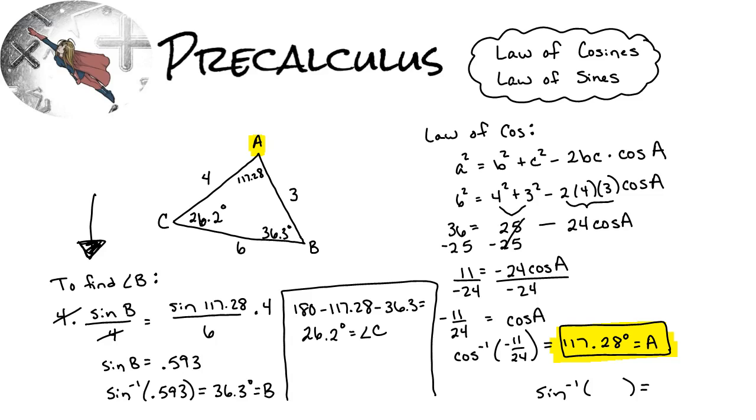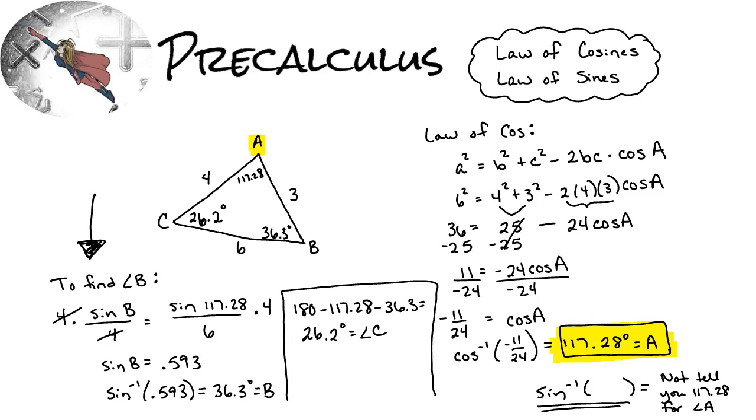So it would not tell you 117.28 for angle A, even though we know that's what angle A is. And that's because sine inverse in the calculators only tells you answers between 0 and 90, because those are in the first quadrant. And it's up to us to remember that, oh yeah, sine inverse can also be positive in the second quadrant of the unit circle.